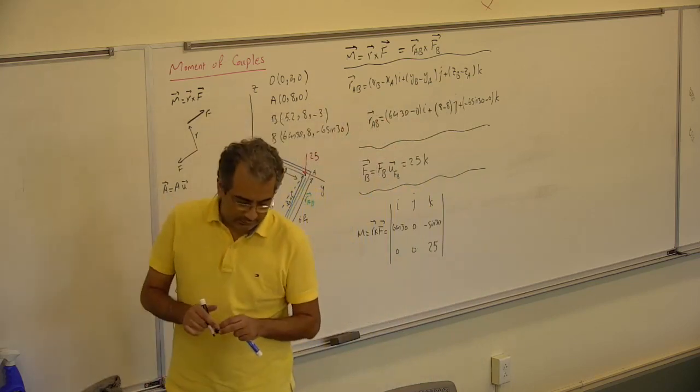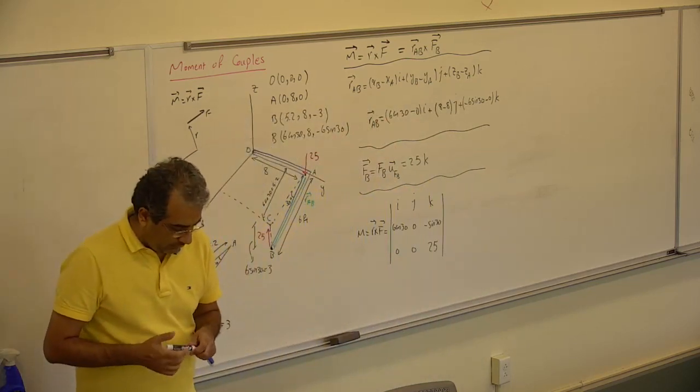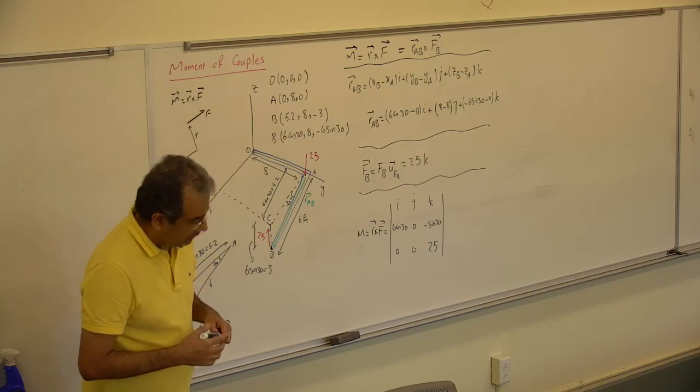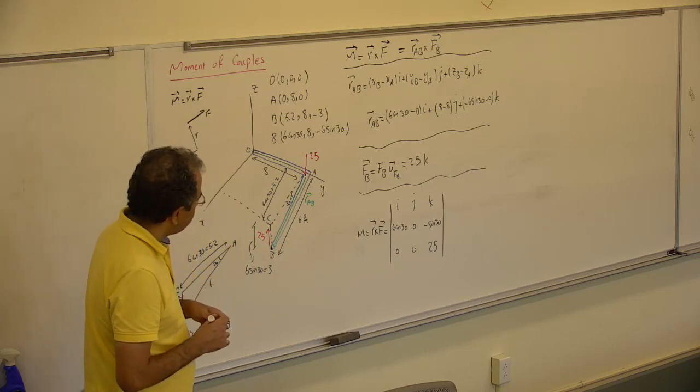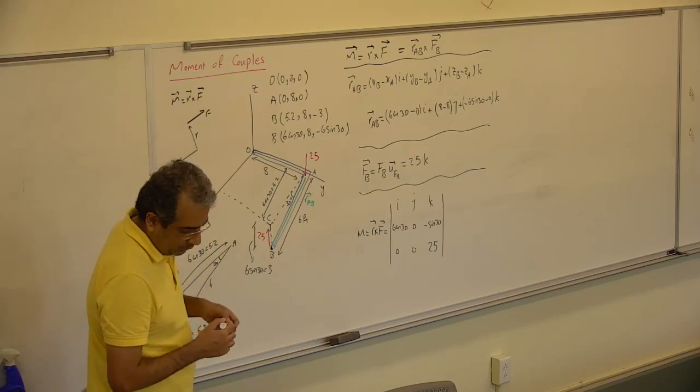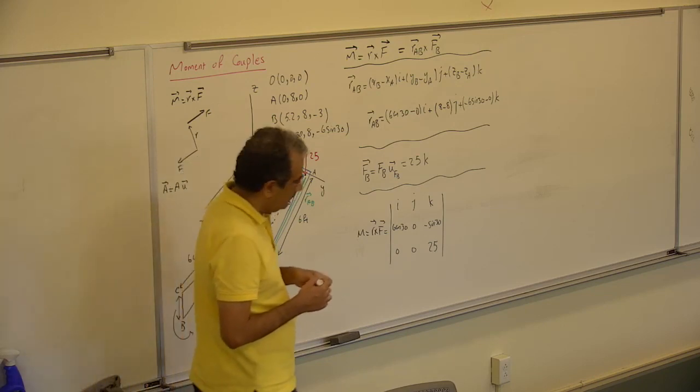I can solve that, and if everything is put in the correct format, it should come out as minus 130 k.